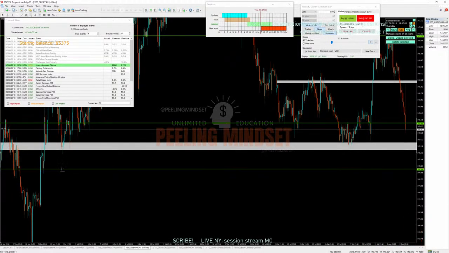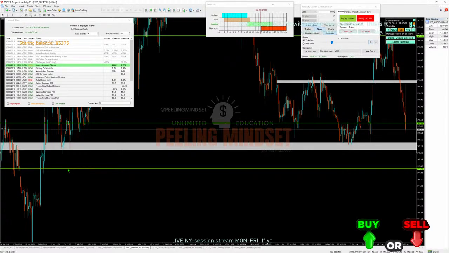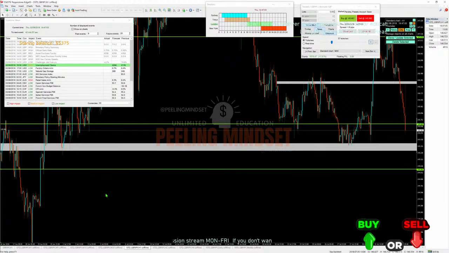This could be a target level right here, 144.960 sort of a level could be my target, and I need to see candles close below at least 145.295. All right, that's going to be my area right there for sell.